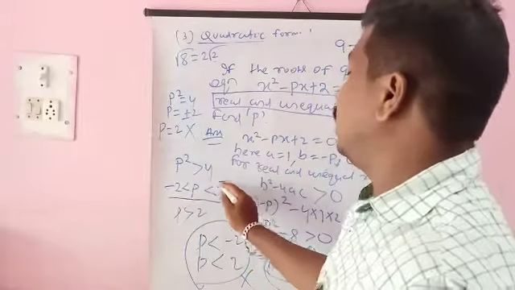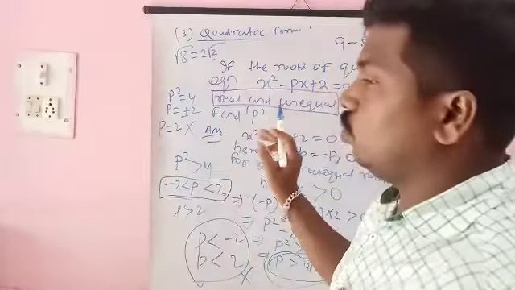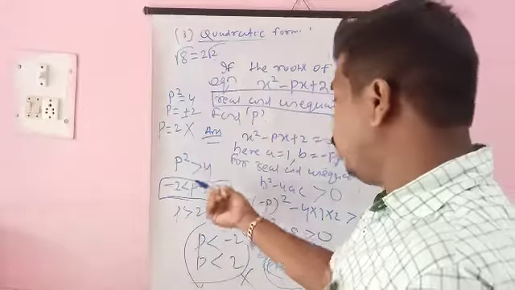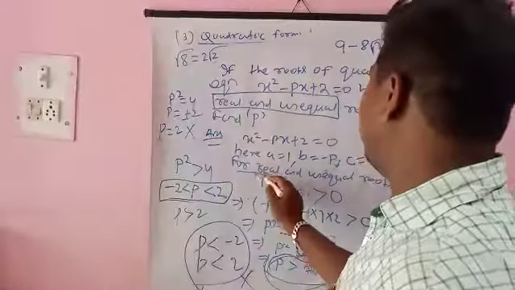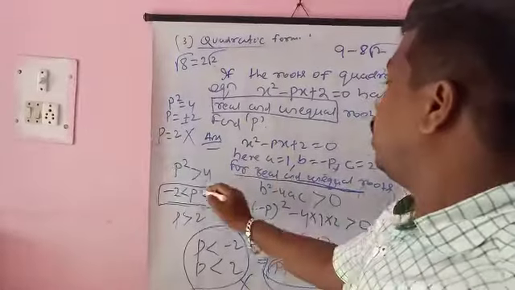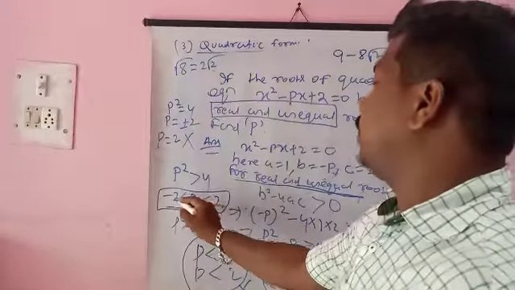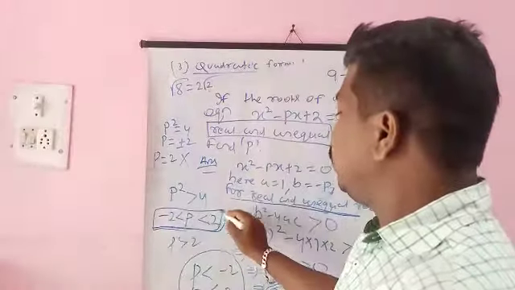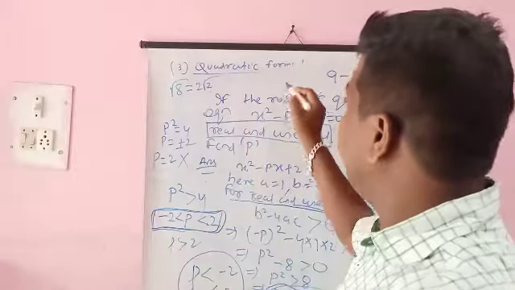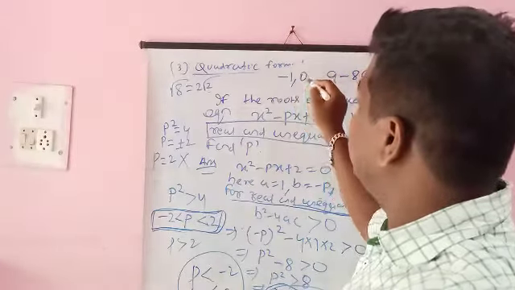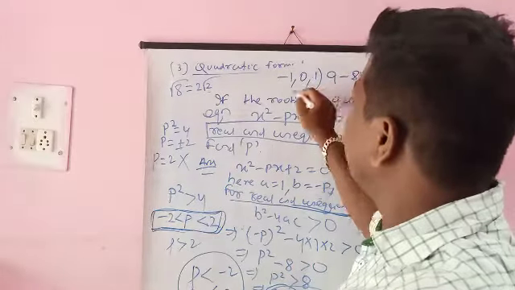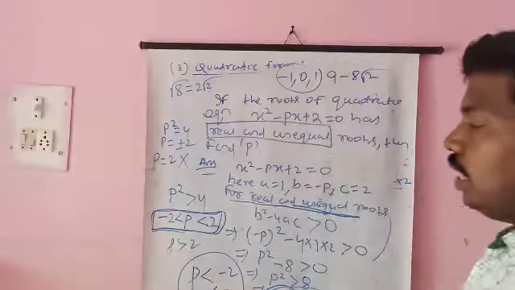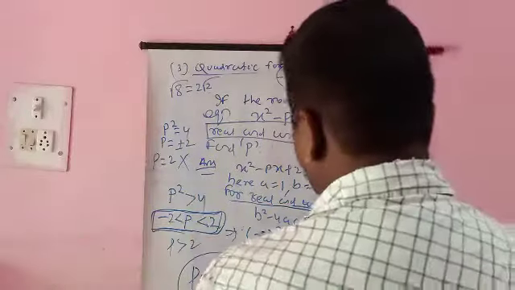That means we find two real, unequal values, because it is given that the roots are real and unequal. Between minus 2 and plus 2 there are values like minus 1, 0 and plus 1, so the values must lie between minus 2 and 2.